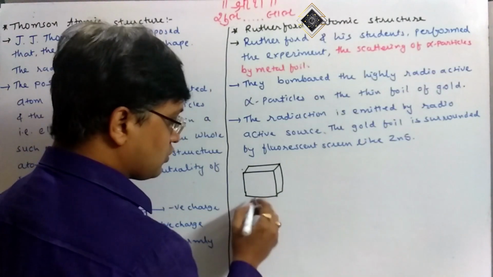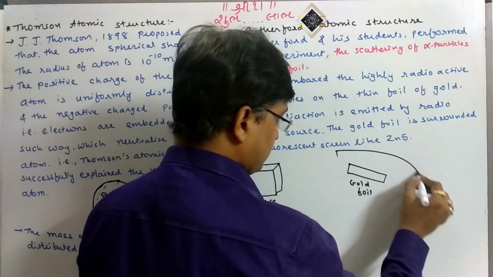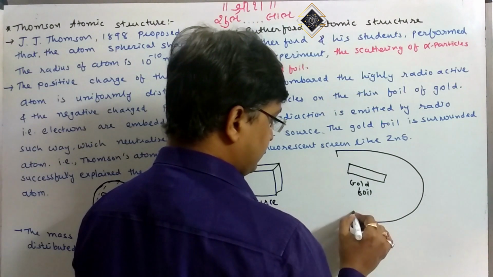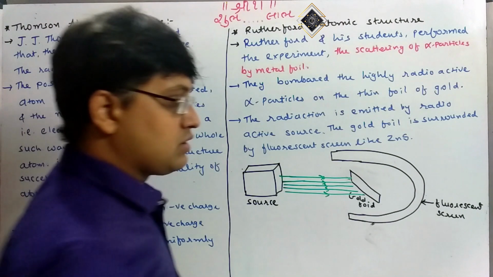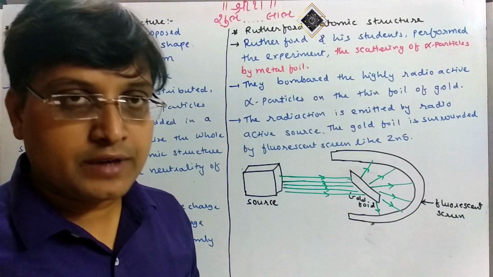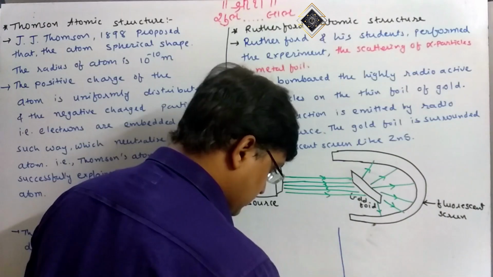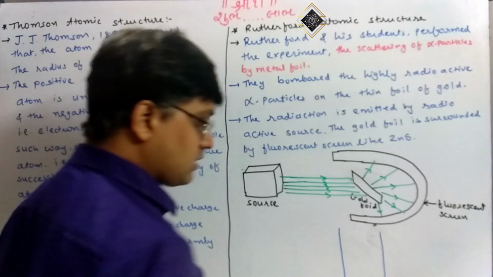This one is the source of radiation. Here is a gold foil which is surrounded by a fluorescent screen. These are the alpha particles striking the gold foil, and they develop an effect on the fluorescent screen.